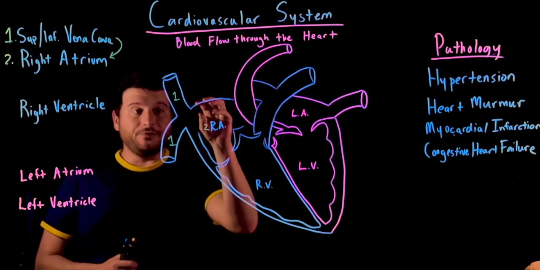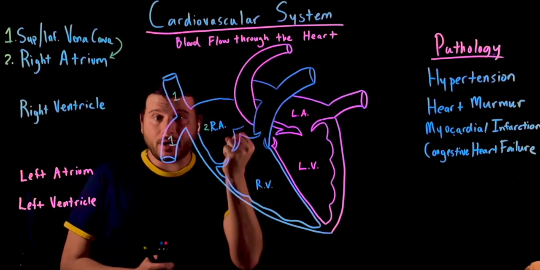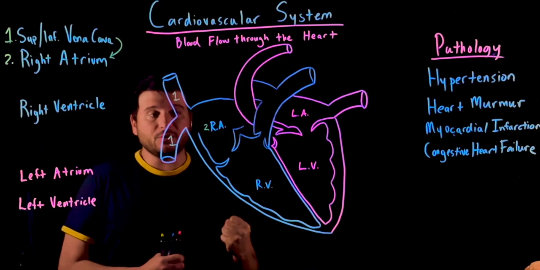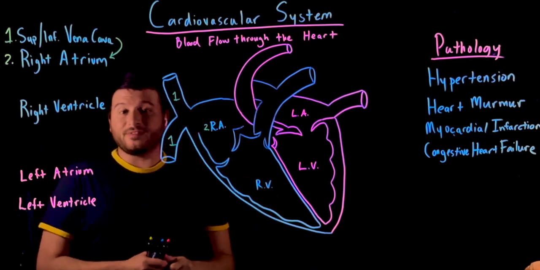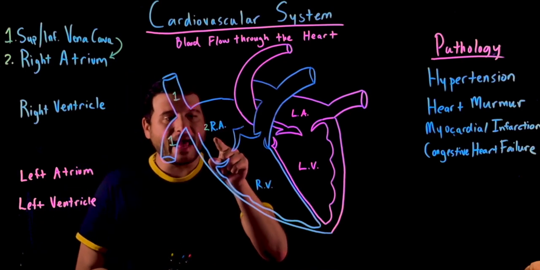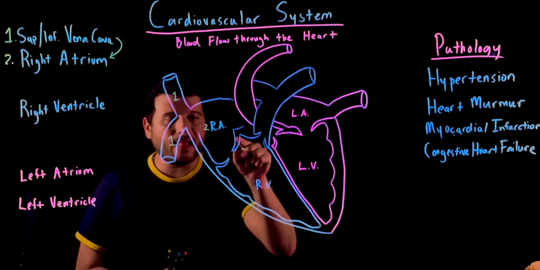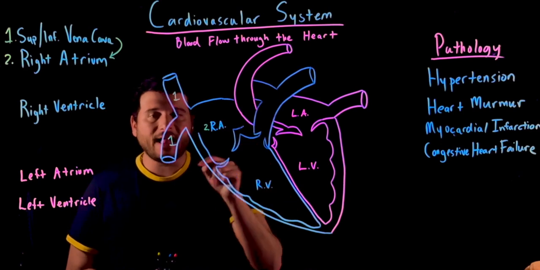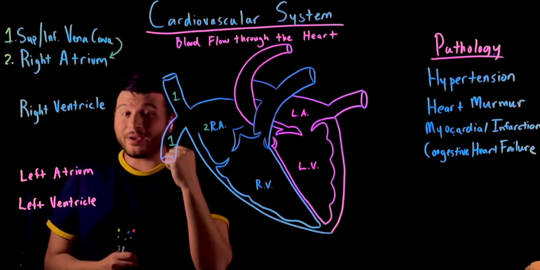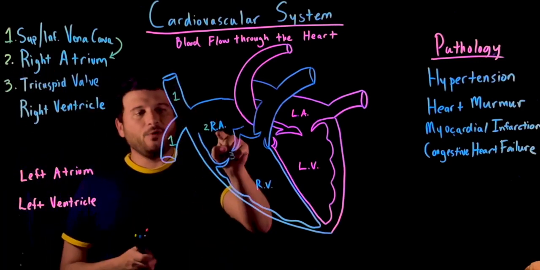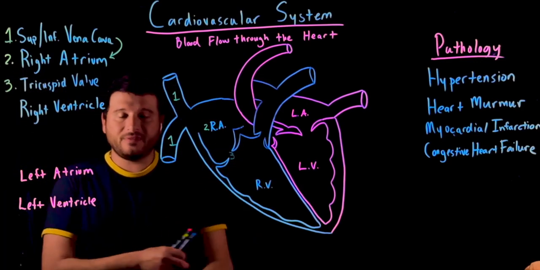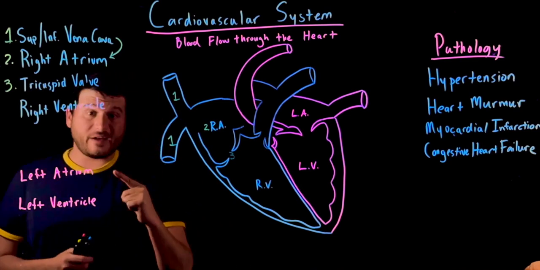Now, this right atrium contracts. And where is it going to push that blood? It's going to push that blood into the right ventricle. It has to pass this valve right here, and this valve is known as the tricuspid valve. We pass through this tricuspid valve, which is a one-way valve.